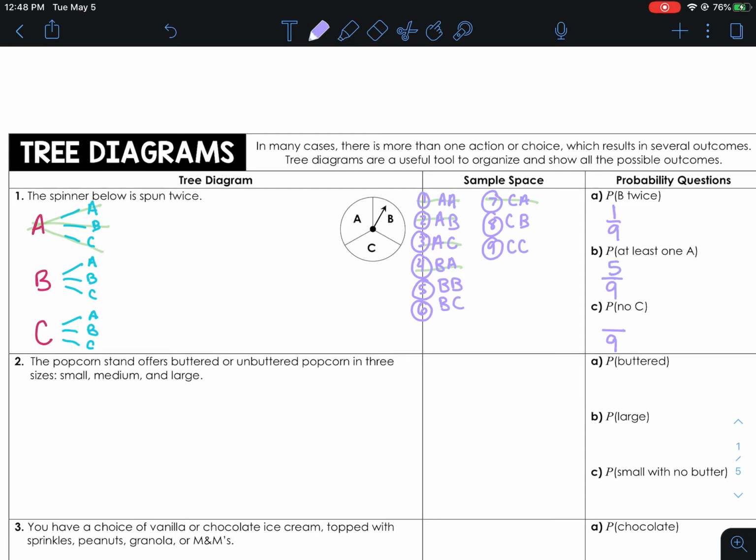So I have 5 that give me at least one A. The first one actually gave me 2, and that's fine. So now I have to look for the choices that do not give me a C at all, which is 1, 2, 3, 4. So there are 4 answer choices that do not give me a C at all.